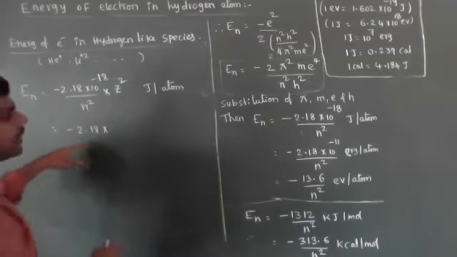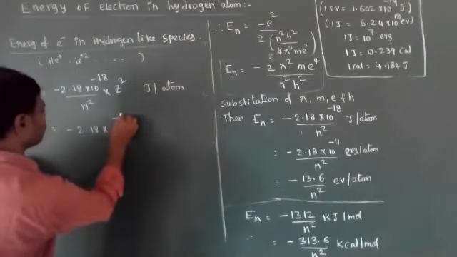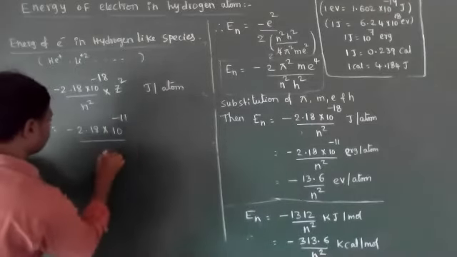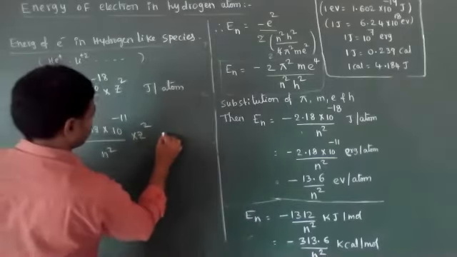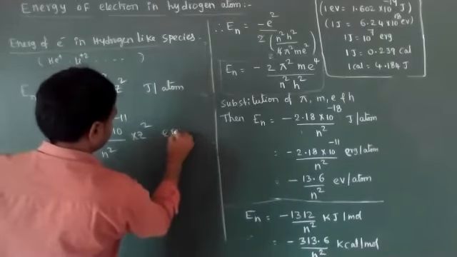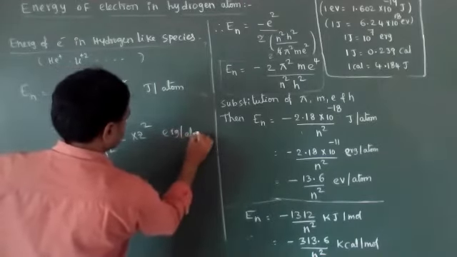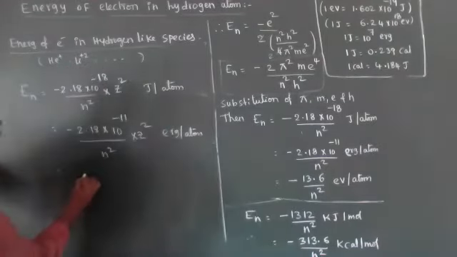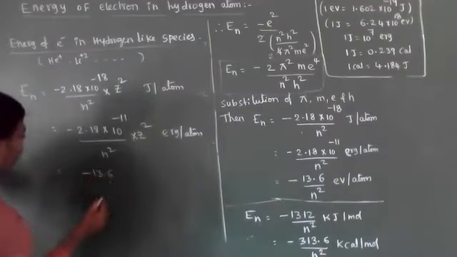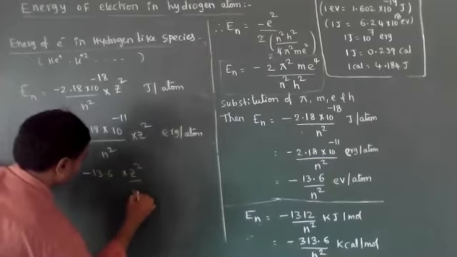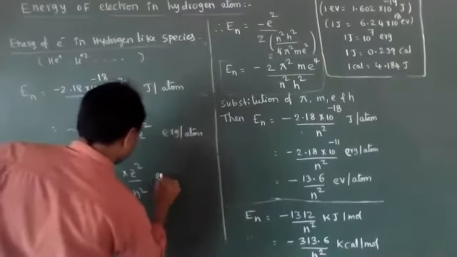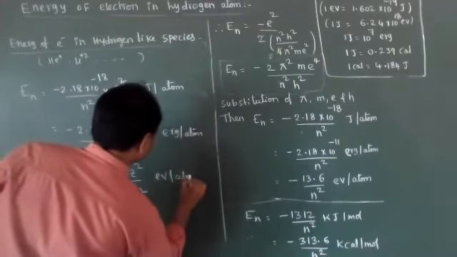In the same way, minus 13.6 into Z square by n square electron volt per atom.